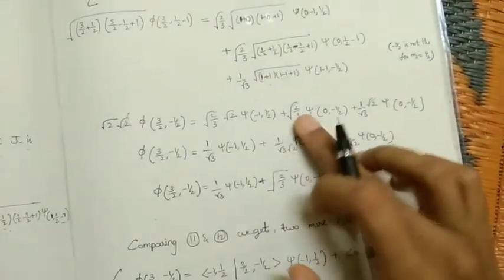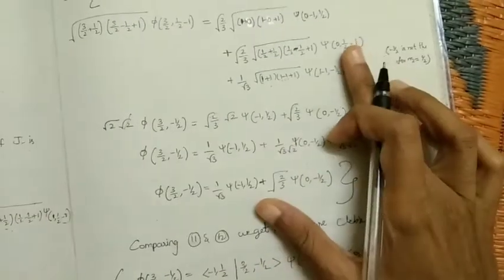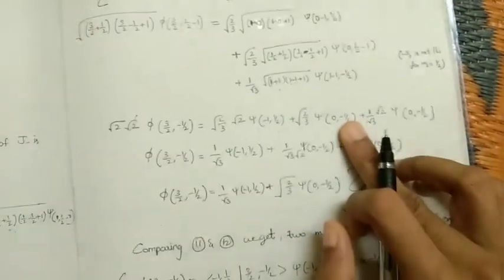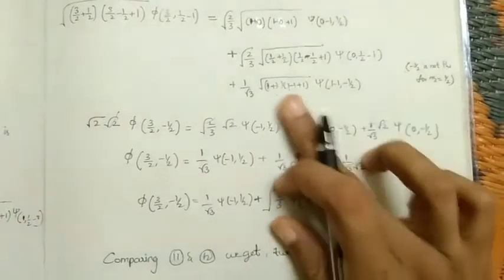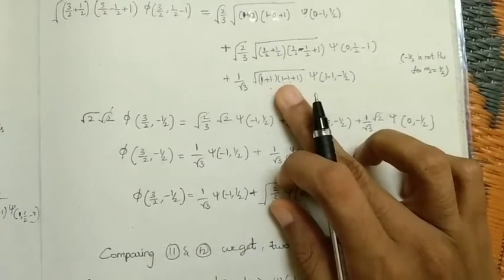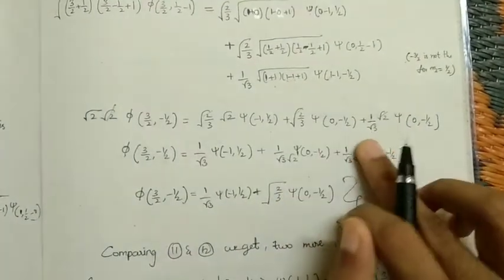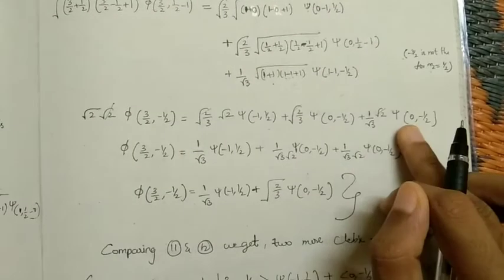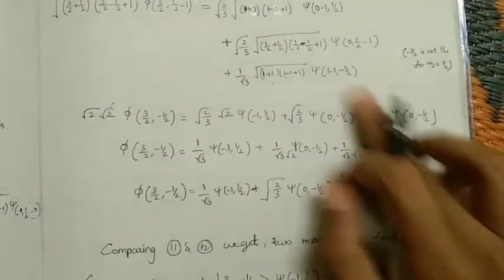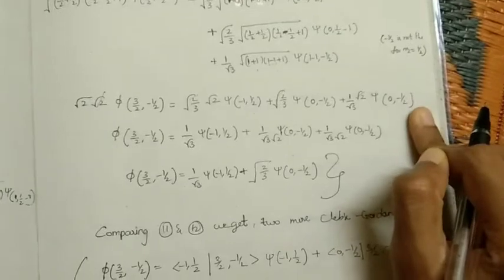So we would have only 1. So root 2 by 3 xi of 0 comma minus half, and here 1 by root 3, 1 plus 1 is 2, 1 minus 1 would get cancelled, 1. So root 2 by 3 0 xi of 1 minus 1 is 0 minus half, like that.